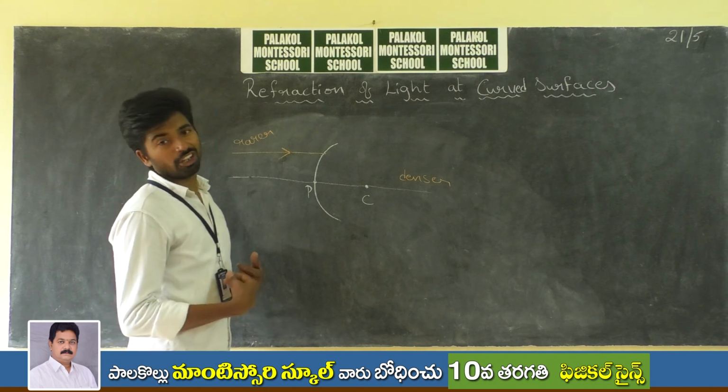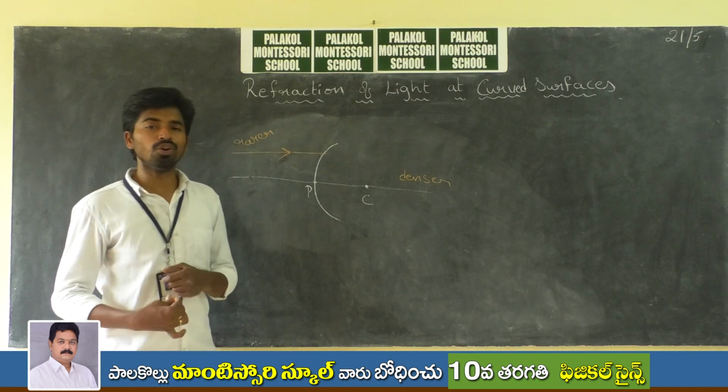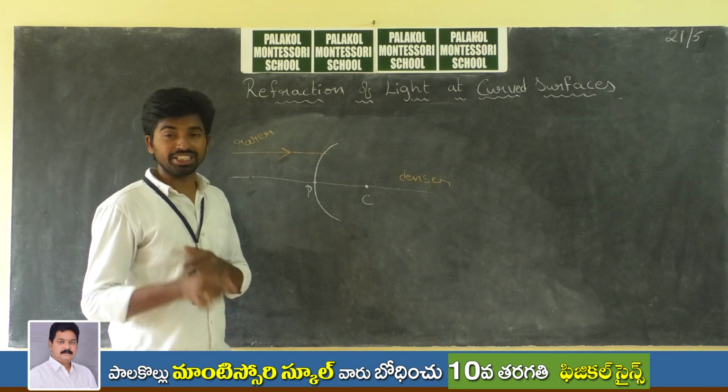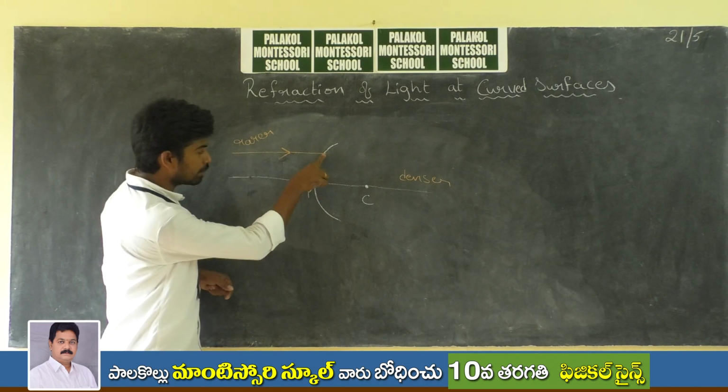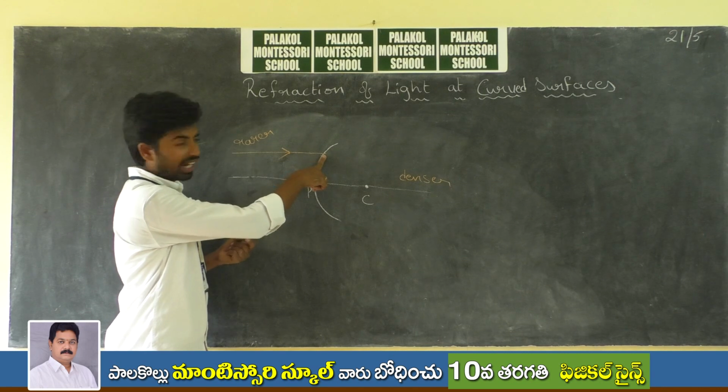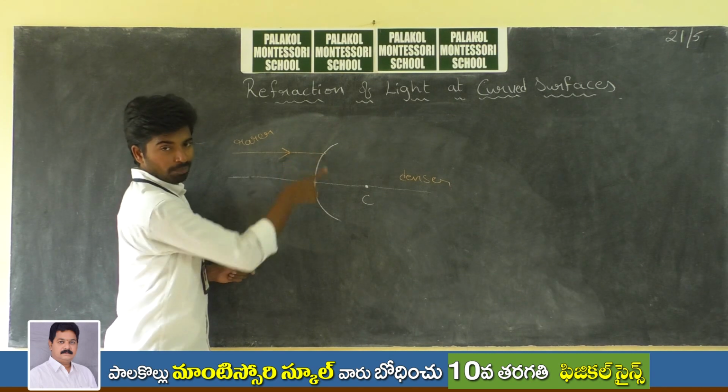To find the angle of incidence, or to know how the light bends, we need to draw a normal at this point of incidence.